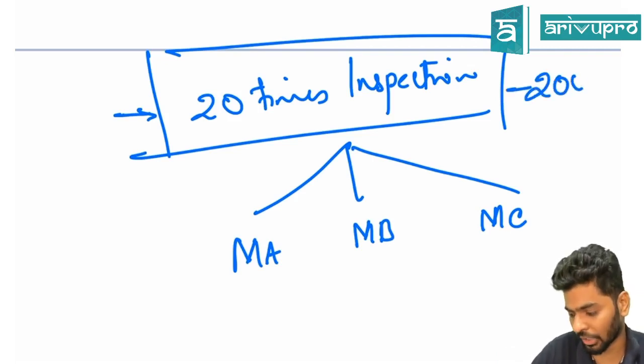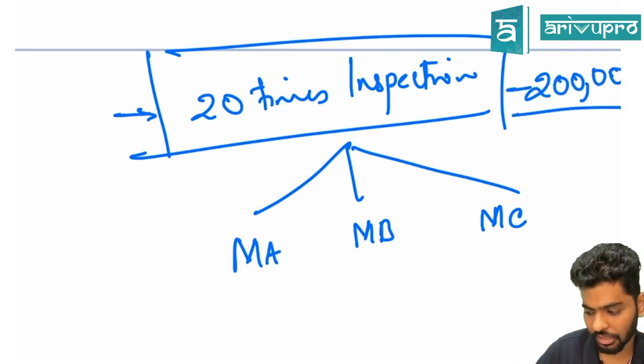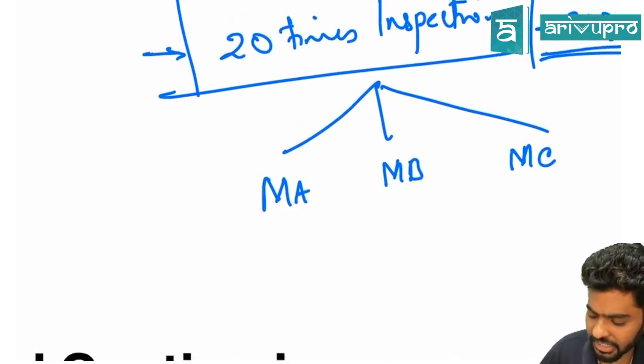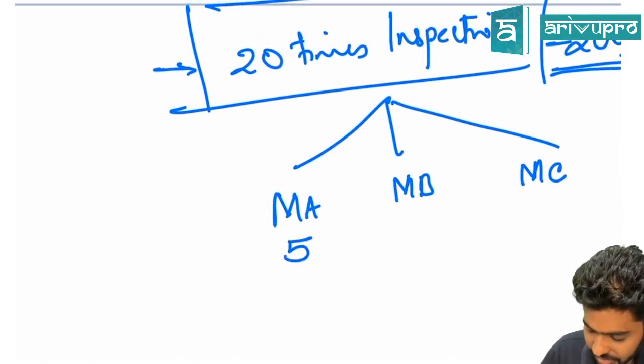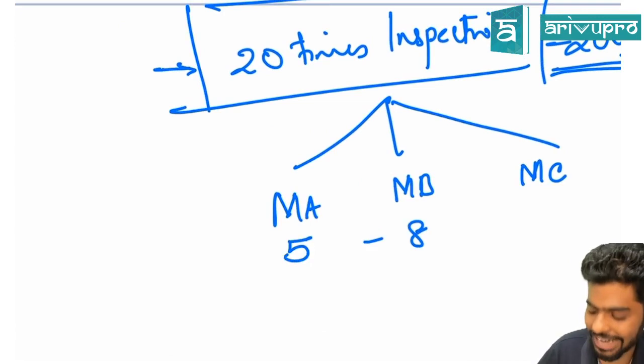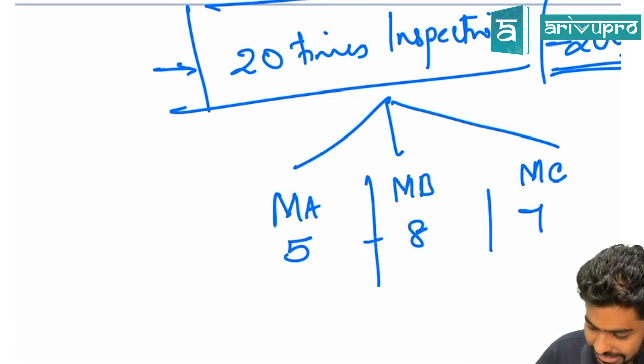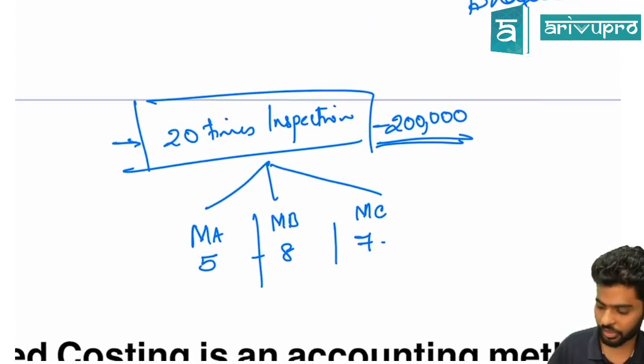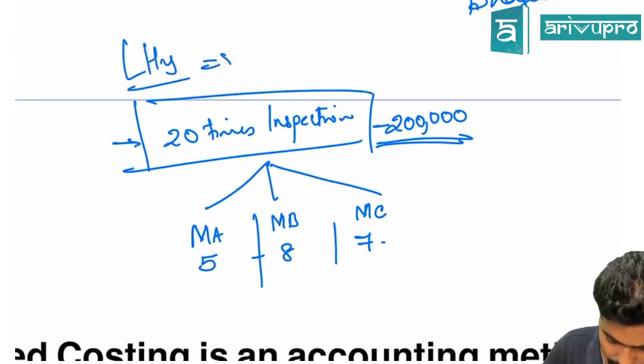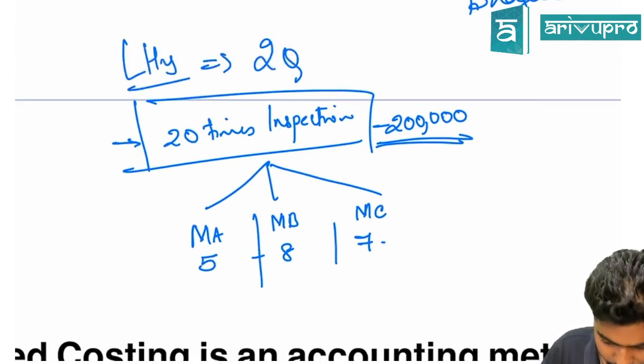I've spent 2 lakhs. Now, machine A has done 5 inspections, machine B has done 8 inspections, and machine C has done 7 inspections. Number of labor hours are, let's say, 20,000.